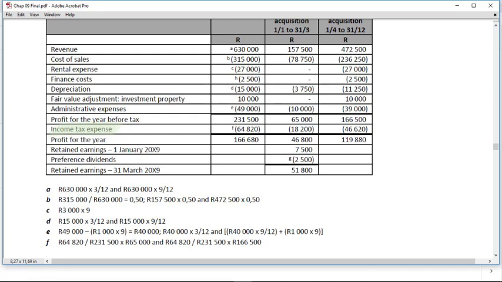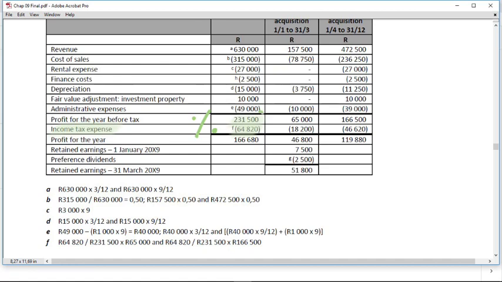If I have income tax expense and I have profit for the year before tax, what can I calculate? I can calculate my effective tax rate. Now, to split the income tax expense in a pre and post acquisition date period, you take that effective income tax rate and apply that to your adjusted profit for the year before tax in each of the columns.